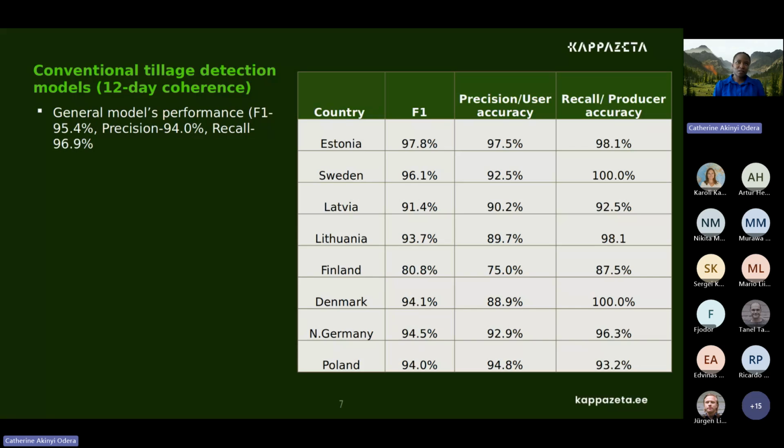In this case, the situation was a bit different from the 6-day coherence, in that in the 6-day coherence, one general model for the whole of the Baltic Sea region did not really work for us. But when we tried to develop the model for 12-day coherence, one single model for the whole of the Baltic Sea region had a good outcome. So we maintained this as a single model for the whole of the Baltic Sea region.